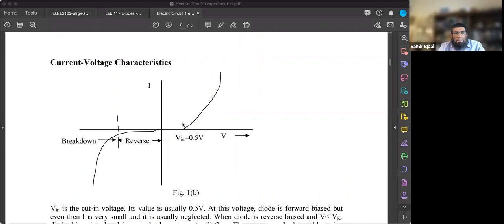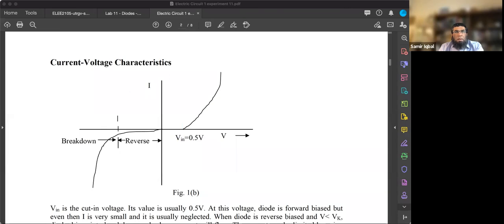The idea is that when you turn it on in forward bias, you have to crank up about 0.5 to 0.7 volt, which we call the cut-in voltage, before it starts conducting in the forward bias. Until then there's a very small current, but after that we start getting high current.